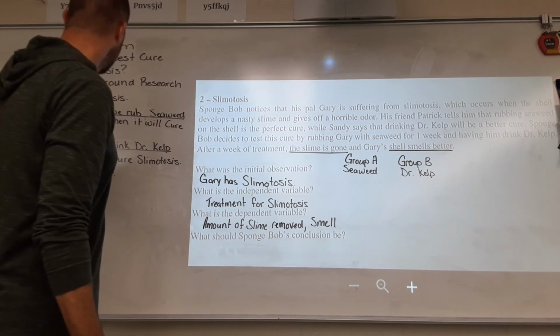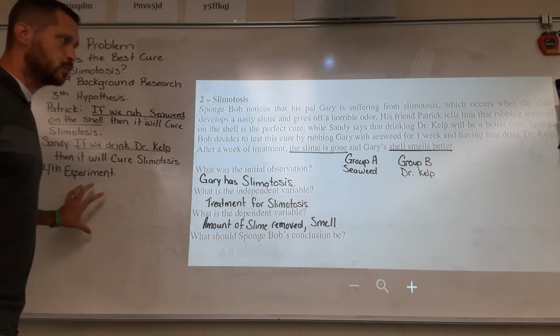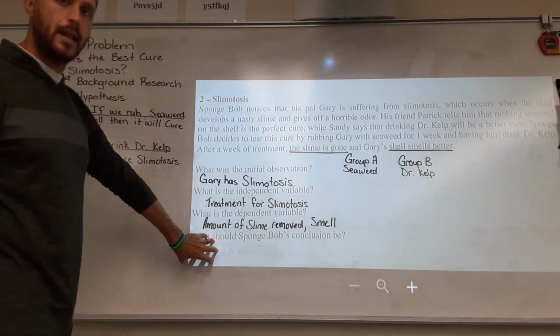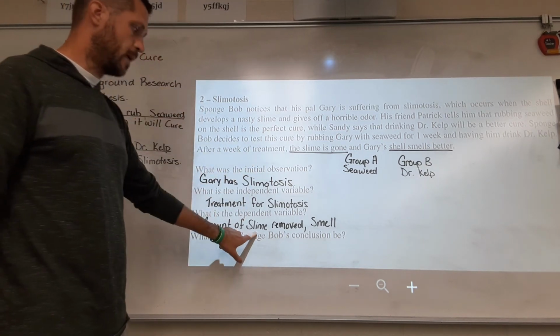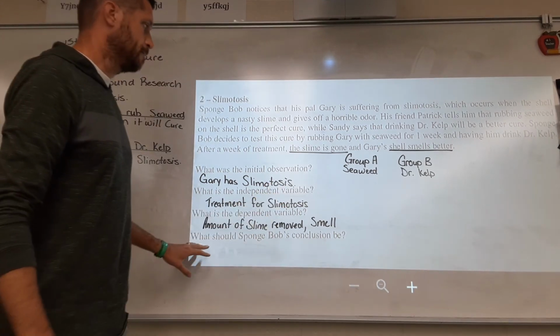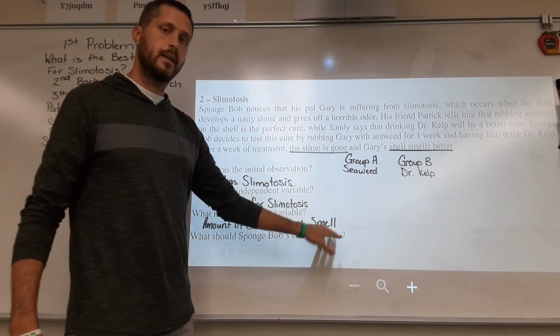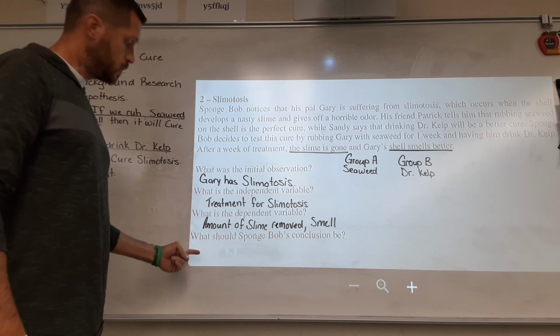Let's talk about what step 5 would be. Step 5 would be analyze your results, which is what we're kind of doing right here. So SpongeBob should collect the information. He should measure the amount of slime that's been removed. He says the slime's all gone, 100%. And smell. All right. Step 6, what should SpongeBob's conclusion be? Again, that's what we're doing right here.